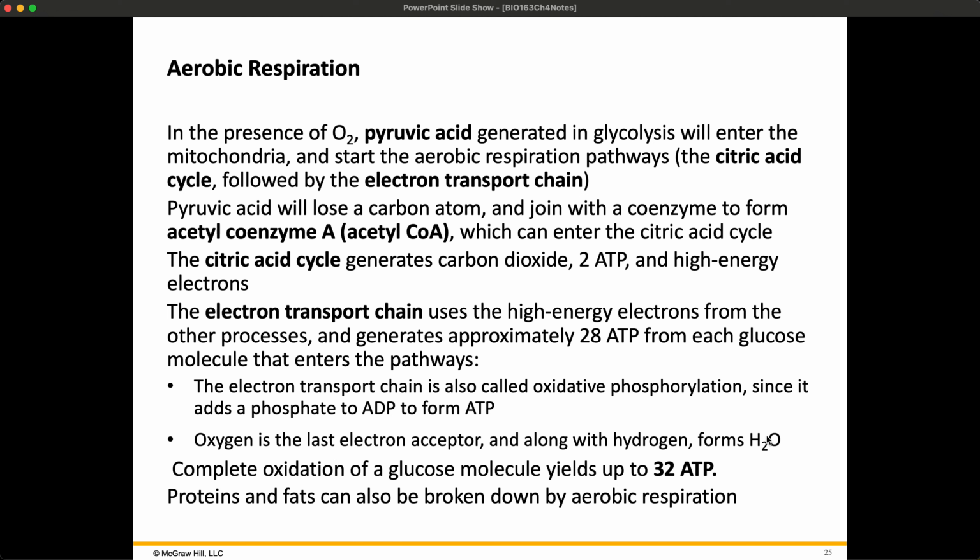But really, just remember that you form water as a byproduct in cellular respiration. Water, carbon dioxide, energy. And that energy is in the form of these 32 ATP. This is at optimal level. Our bodies aren't always working at optimal level. Sometimes we don't have those proper coenzymes, those proper nutrient and vitamin factors to reach this optimal level of ATP.